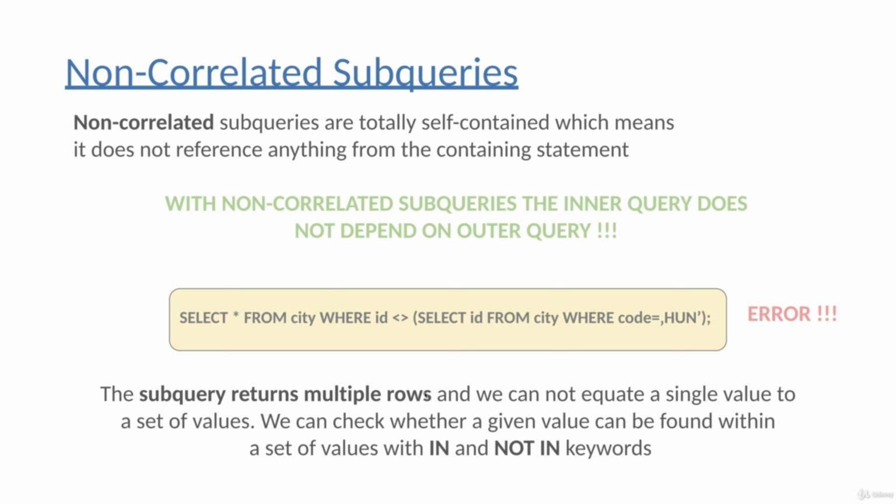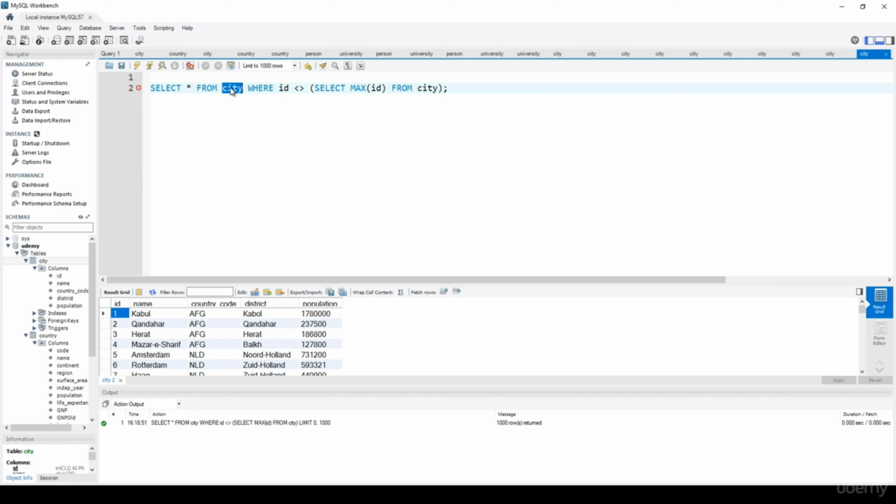So it is totally self-contained. It is a scalar subquery because the returned result set has a single row and a single column, basically a single integer ID. Okay, so we have selected the maximum out of the IDs from the city database table, and then we are going to select everything from the city database table where the ID is not equal to the one we have selected with the subquery.